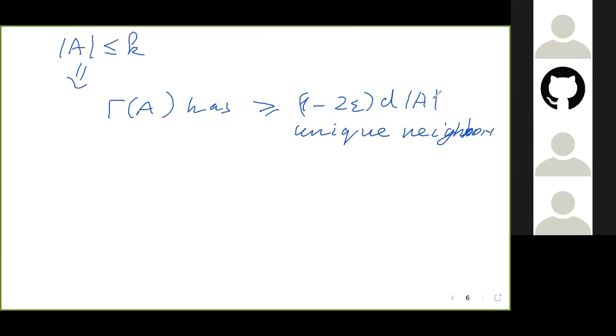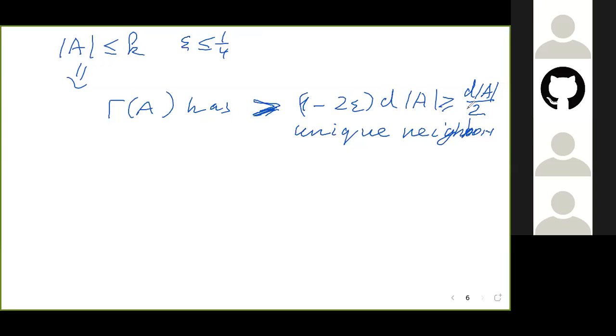And given the assumption about epsilon, this inequality is strict, and epsilon is at most 1/4, we know that this is at least dA over 2. So gamma of A has more than dA over 2 unique neighbors.